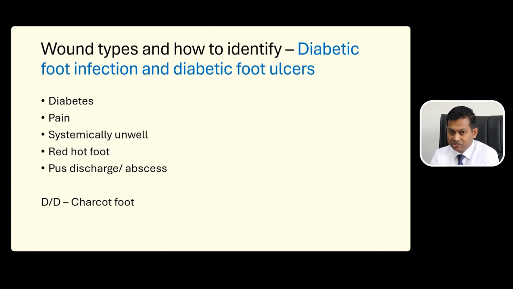If you touch the foot, it will be warm, and there will be pus discharge or abscess or necrotic tissue. And sometimes a diabetic foot can be on top of Charcot foot. I'm not going to go deeply into Charcot foot because it's a topic by itself, but just remember in the background there's something called Charcot foot that can happen.